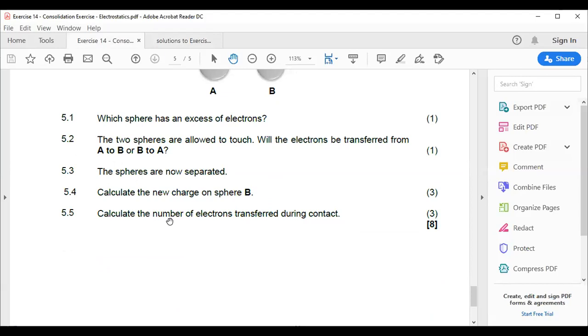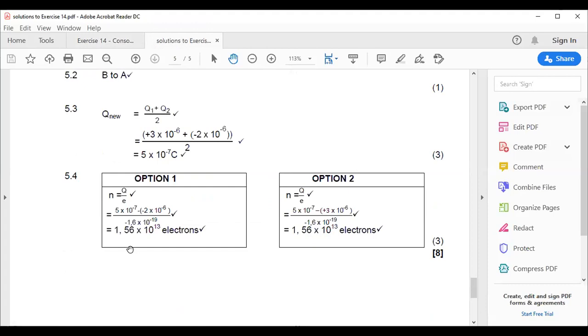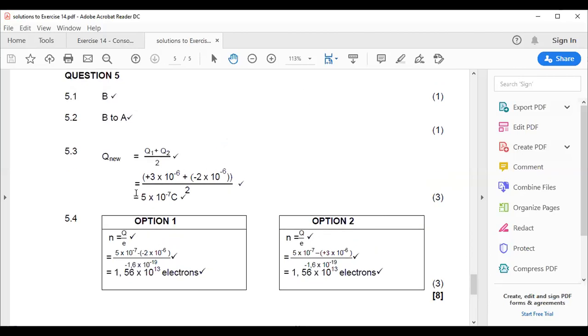That's 5.5. Calculate the number of electrons transferred during contact. Here you need to do the difference, because for electrons transferred, you have to find the difference between the initial charge and the final charge.